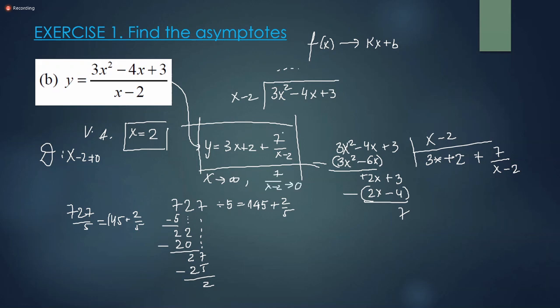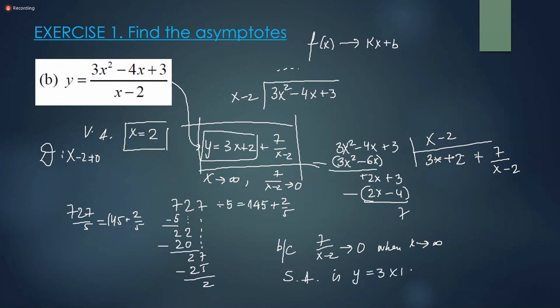So the function value approaches the value of this expression, 3x plus 2, which means, evidently, that the slant asymptote is y equals 3x plus 2.